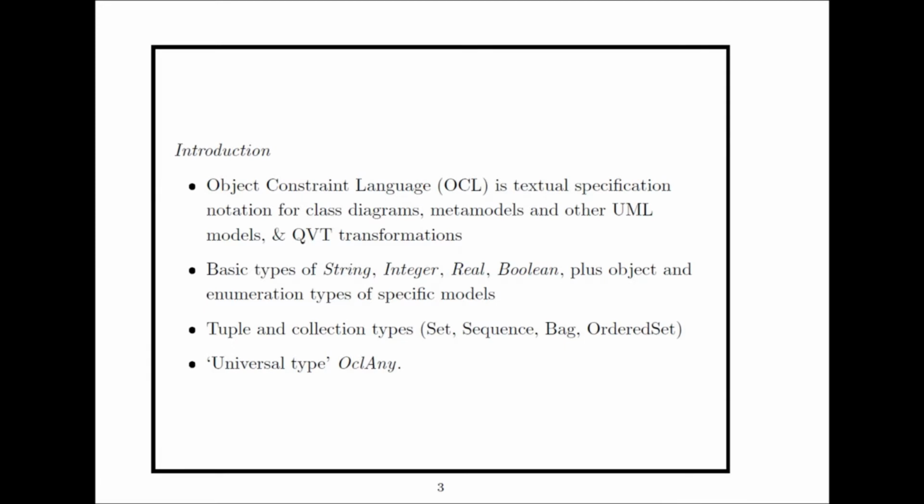And when it's referring to a particular model, like a class diagram, we can also refer to the classes and enumeration types of that model in the OCL formulae. There are collection types, and the collection types are essentially ordered and unordered collections of various kinds. And as a universal type, OCL any.